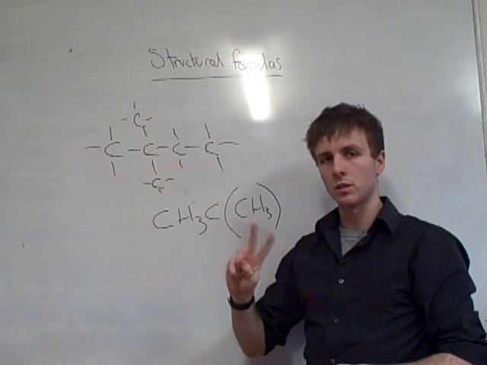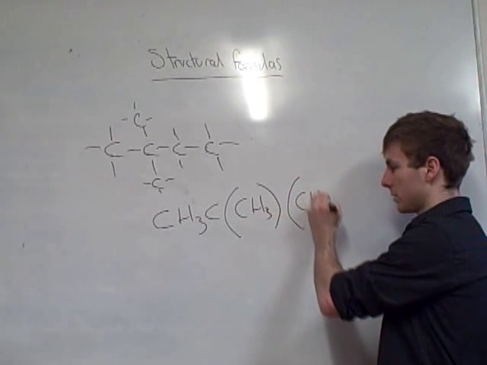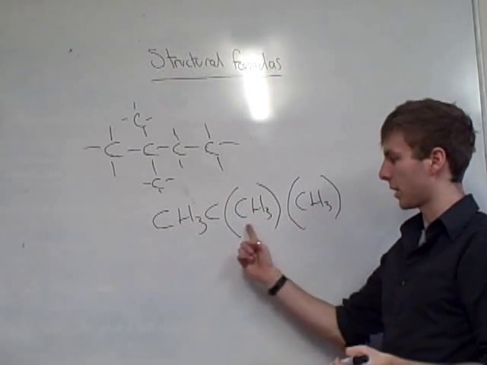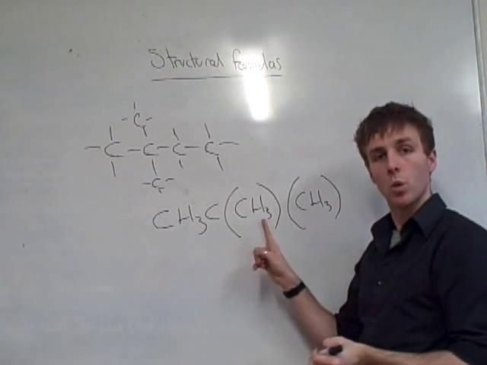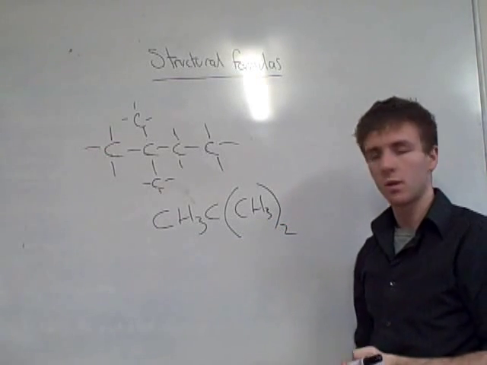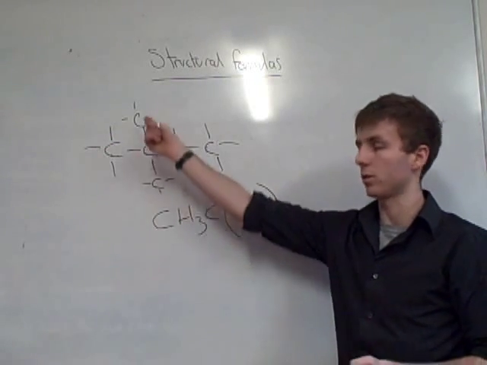So there's 2 ways you can do this. I can either draw out a whole other set of brackets, or rather than putting this bracket twice, I can just do it once and write a little 2 there. So that means you've got whatever's inside the brackets twice. So 2 methyl groups.